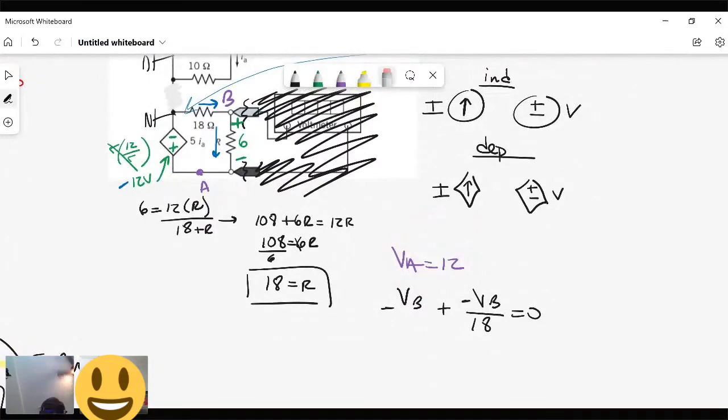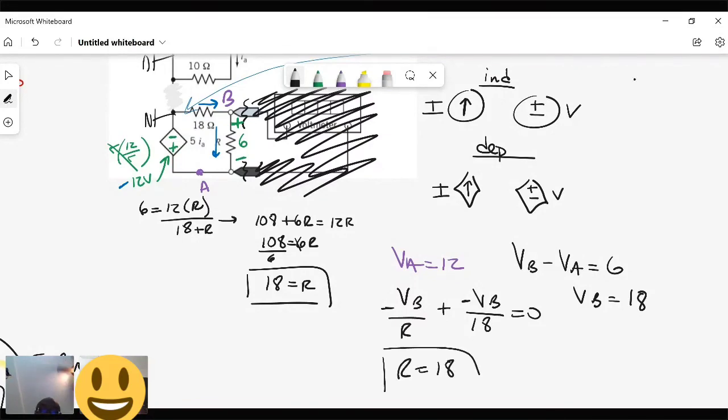It'll be VB and R. Then I know VA minus VB or VB minus VA equals 6. There we go. So VB has to be 18, and this will be divided by R, and then it'll solve to give you R equals 18. That's what it actually is supposed to do.